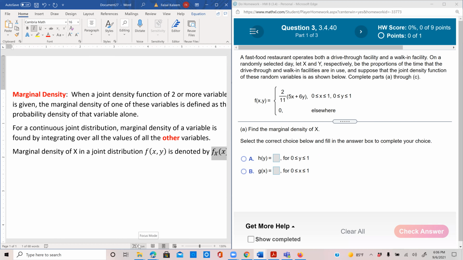f_X(x) is, as we said, found by integrating over all the values of the other variable. So in general, it's the integral from negative infinity to infinity of f(x, y) dy.